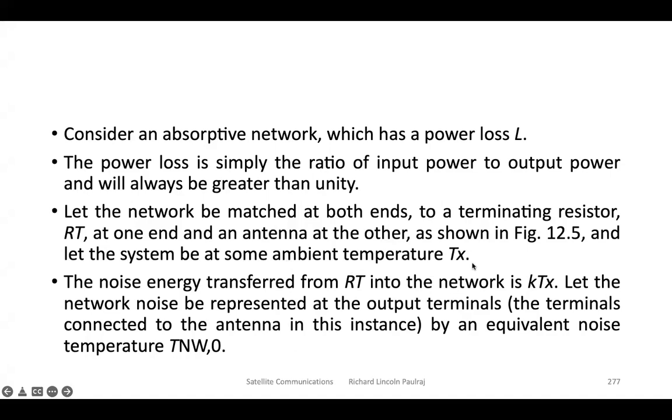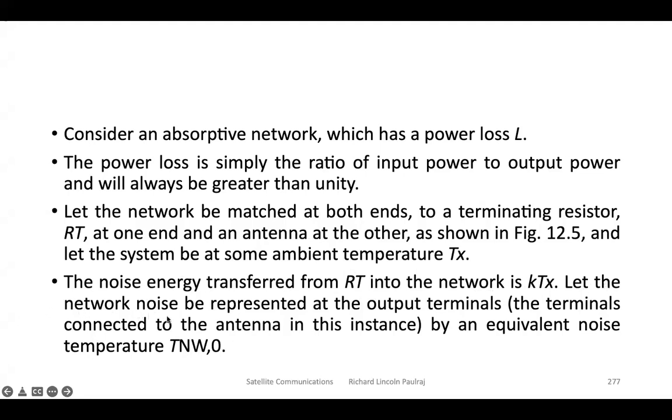Usually we used to take room temperature, about 273 Kelvin, but here we are just assuming a normal ambient temperature. The noise energy transferred from RT into the network is K Tx.